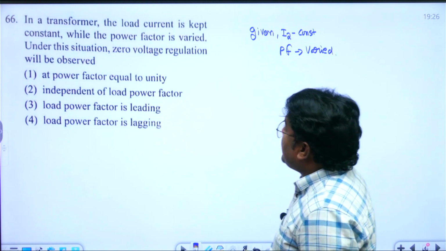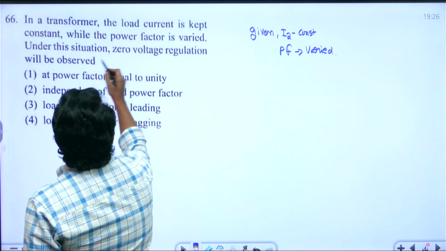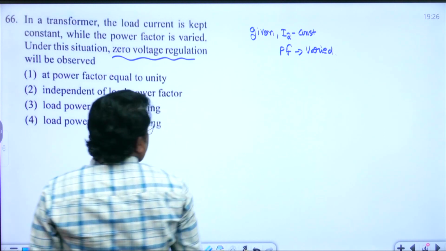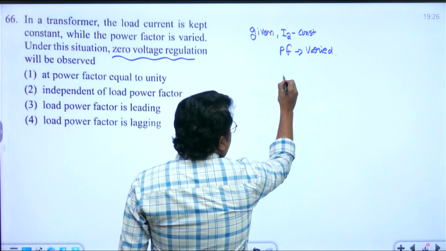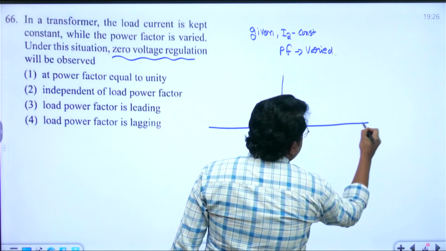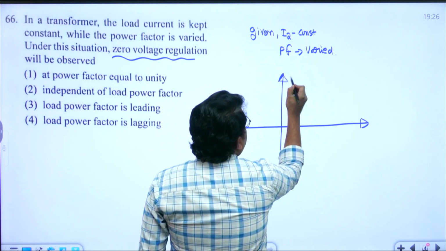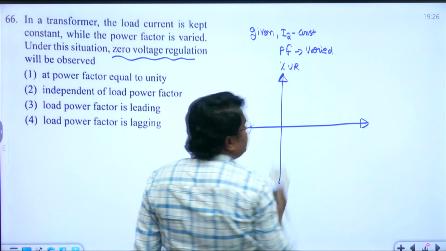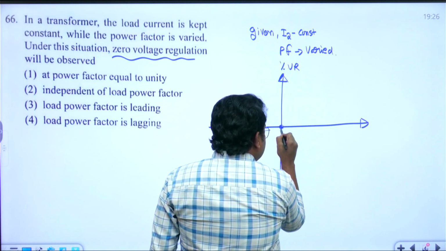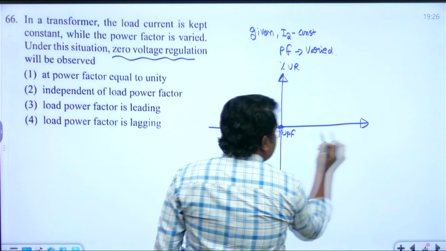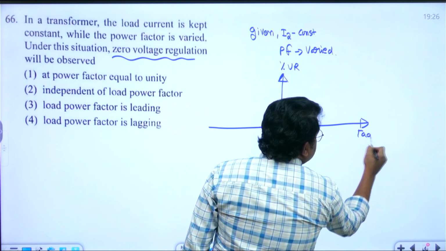Now we need to find out where there is zero voltage regulation. We know this from the voltage regulation curve. Let us take the percentage voltage regulation of the transformer, and assume this is the unity power factor, with the lagging power factor side and the zero power factor lead side.